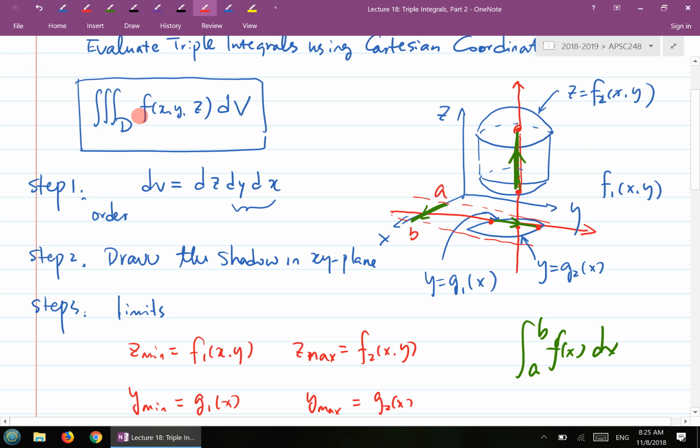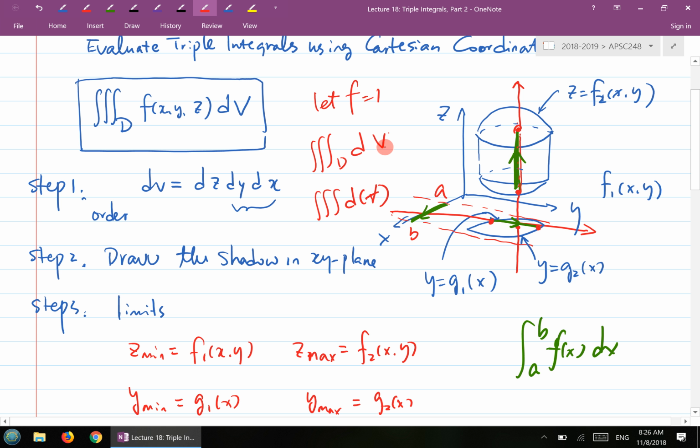So you're integrating this function over the region D. If you let f equal to 1, then you have an integral dv. And as I pointed out in the previous lecture, when you integrate anything, what do you get back? You get back that anything. In this case, you're integrating volume, so you get back this volume here.